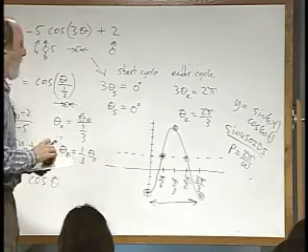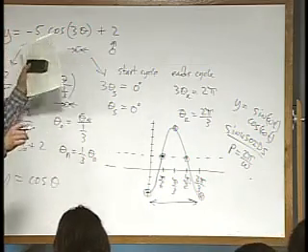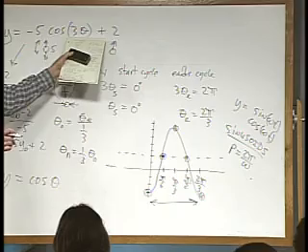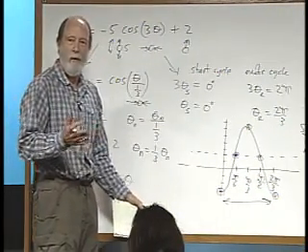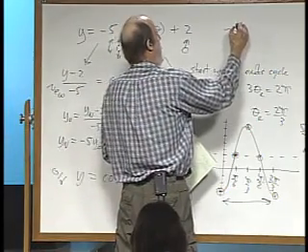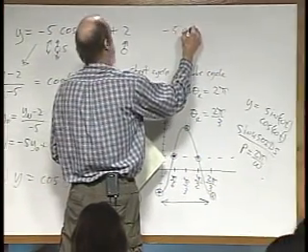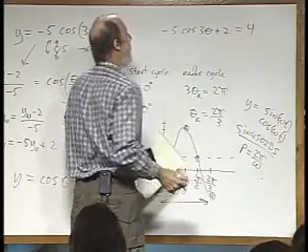Okay. Another question that comes up a little later in a course could be taking this original function and setting it equal to some value. What if I said equal to 4? What if I said, and this comes up later, -5 cosine 3 theta plus 2 equals 4.